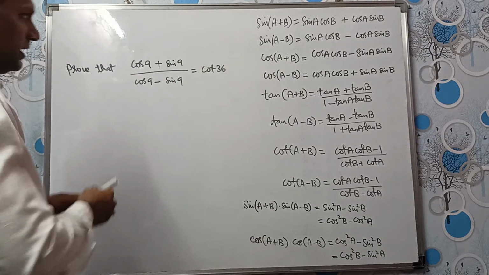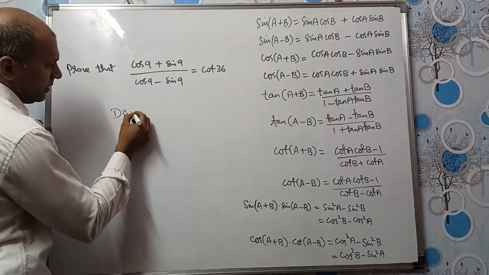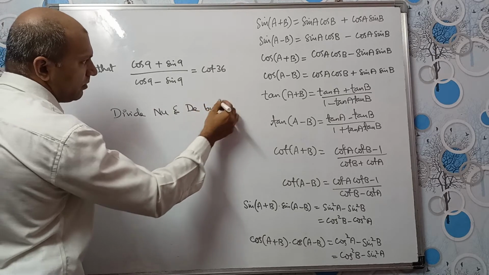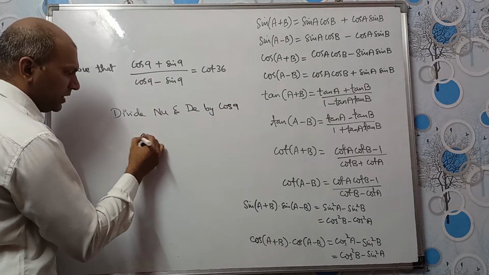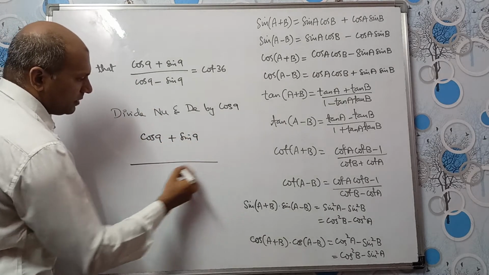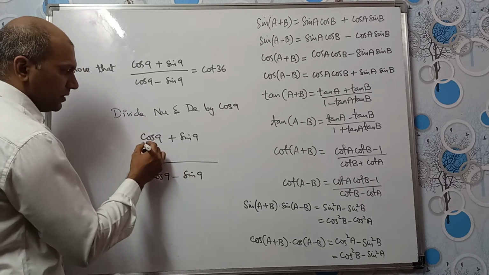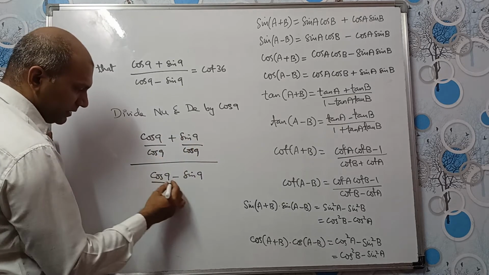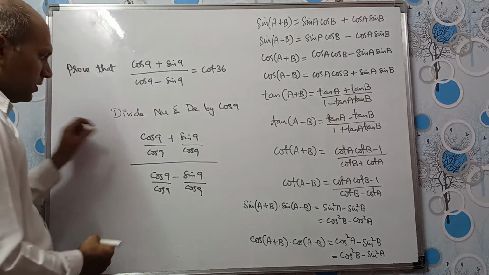Okay, let us find out. Let us divide numerator and denominator by cos 9. All the terms should be divided, right? We have cos 9 plus sin 9 and cos 9 minus sin 9.